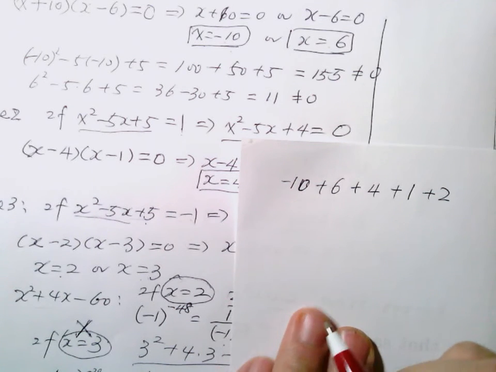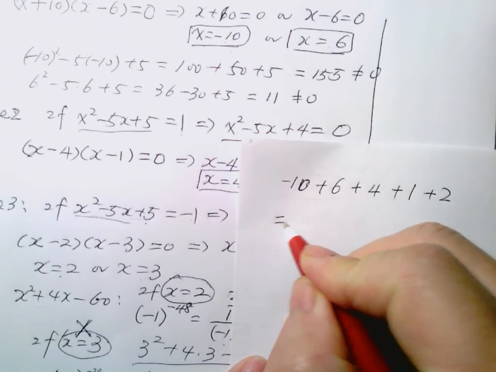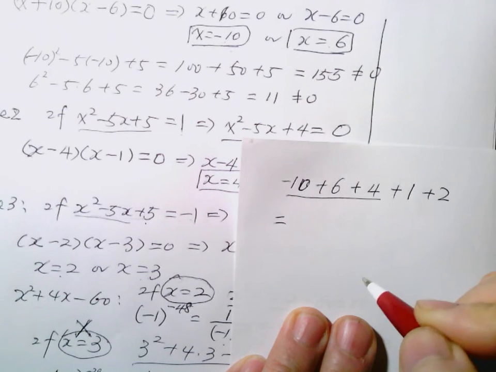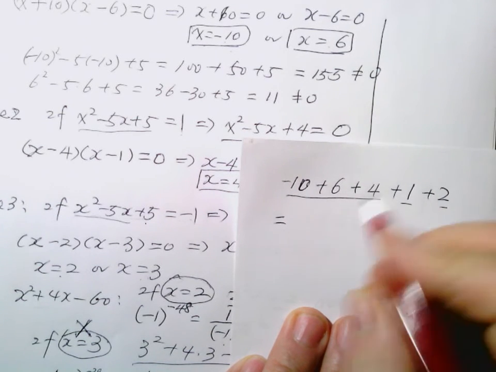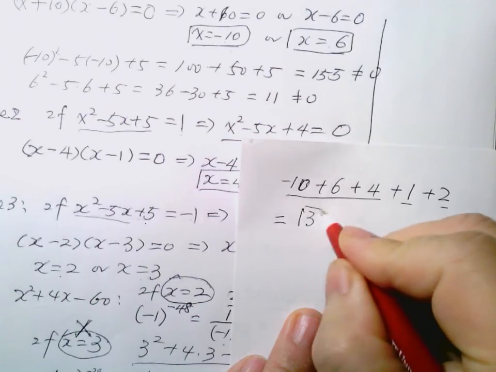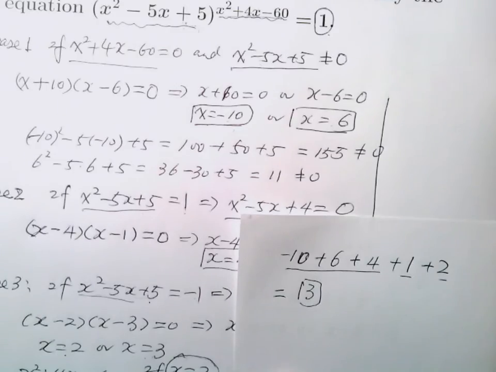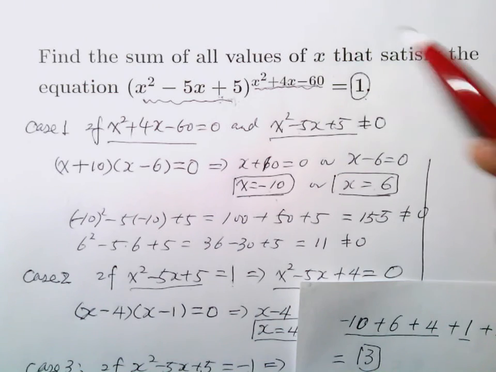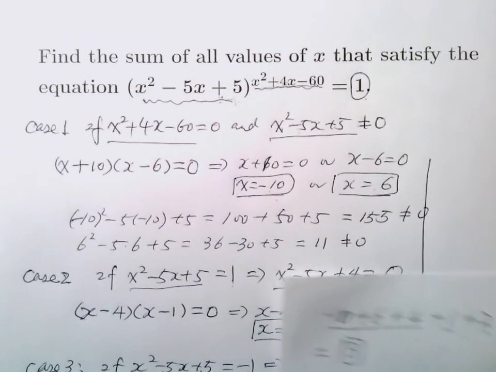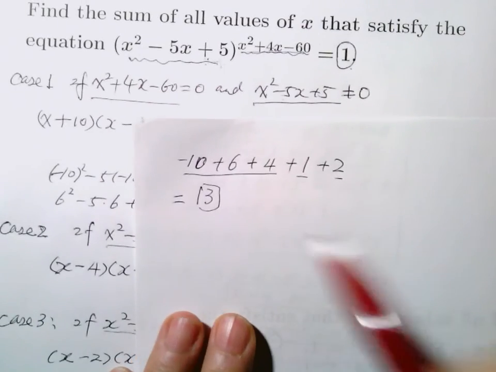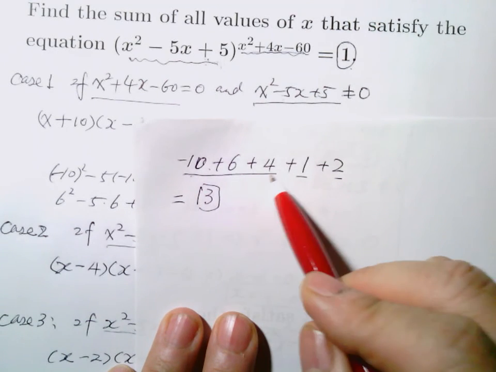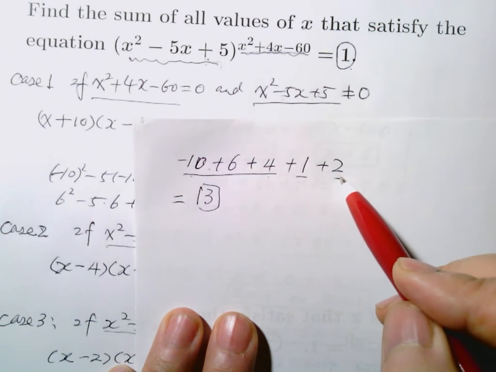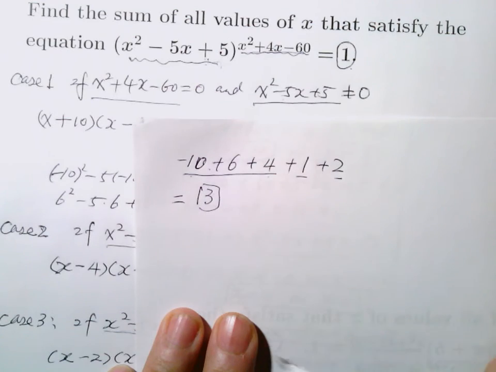So what we have here, you can see canceled. You only get 1 plus 2, that's 3. So the final answer is 3. We find the sum of all values of x that satisfy the equation, which gives that sum of 3. That's the answer to our question.